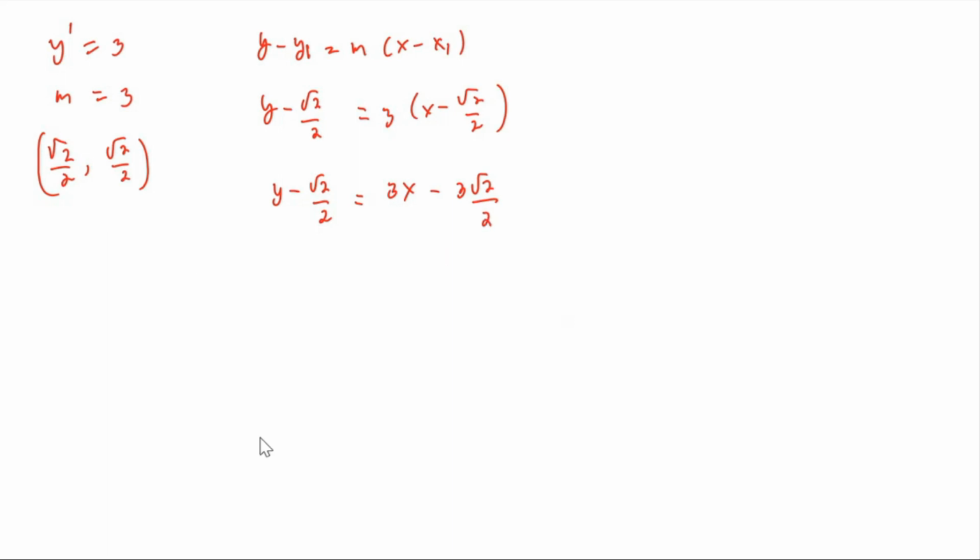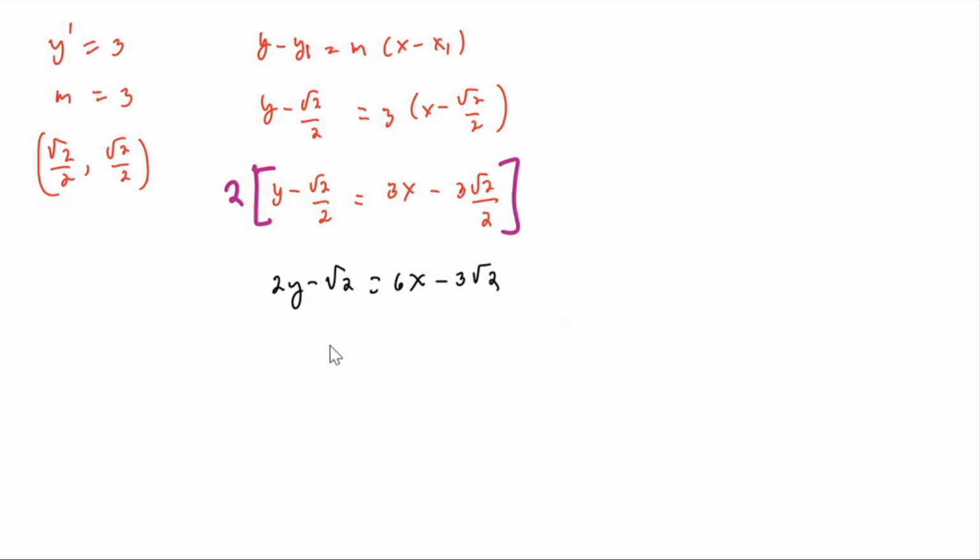Now, if I'm going to eliminate the denominator of 2, I can just multiply the entire equation by 2. So multiplying that one, it gives us 2y minus 2 times square root of 2 over 2, which is just square root of 2, and 2 times 3x we have 6x, and 2 times negative 3 square root of 2 over 2, so cancel 2, the remaining answer will be negative 3 square root of 2.